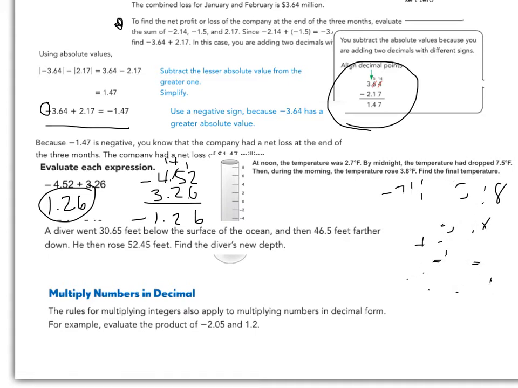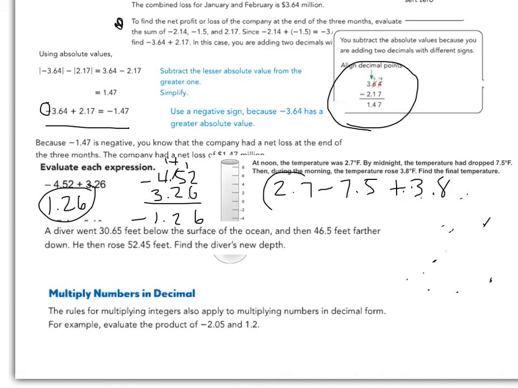At noon, the temperature was 2.7 degrees Fahrenheit. By midnight, it had dropped 7.5 degrees. Then during the morning, it rose 3.8. Find the final temperature. Okay, so the temperature was 2.7. It had dropped, so minus 7.5. Then it rose 3.8.